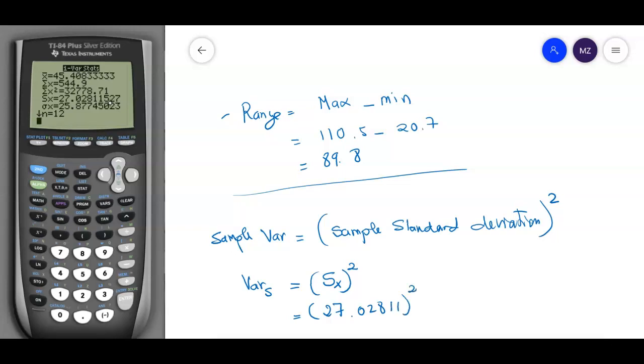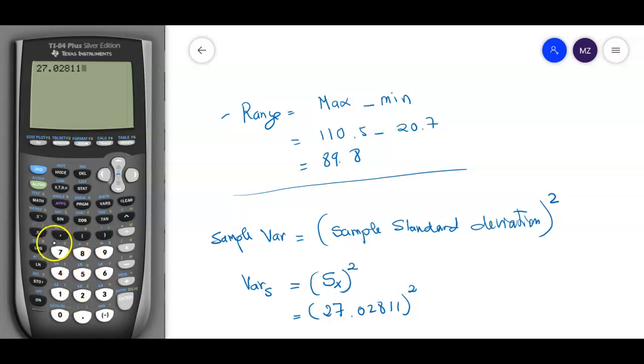All right, so then you're going to square it. Again, this is something that you want to do on the calculator. So you want to clear this. You want to type in 27.028 and 11. And then you want to square it.